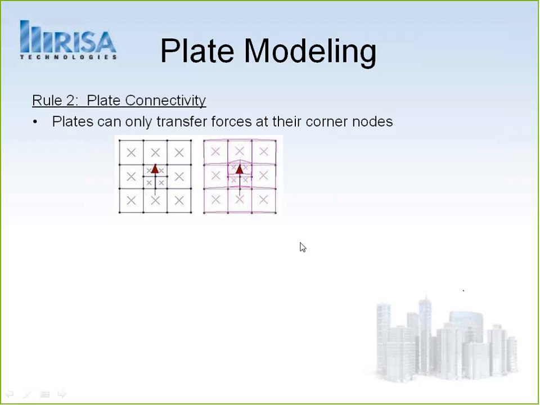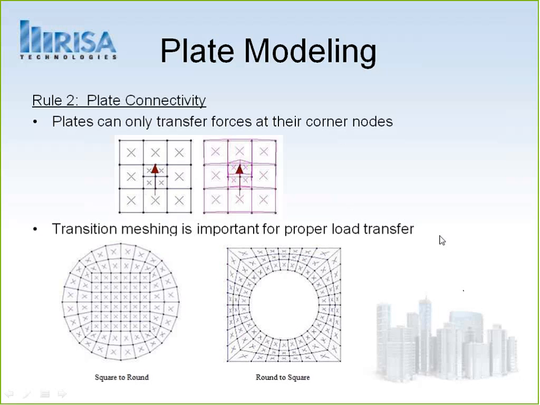That's really important when you start building these plate models: when you submesh, you want to make sure that everything is connected properly. Transitioning mesh is really important for proper load transfer. In this picture, we have a square inside of a round, and this isn't super difficult. There are some tools you can use with the high-level generation tools in RISA 3D to help you get there.